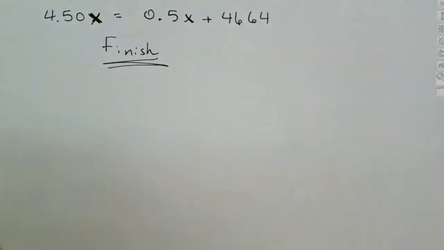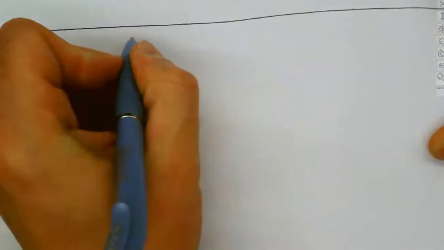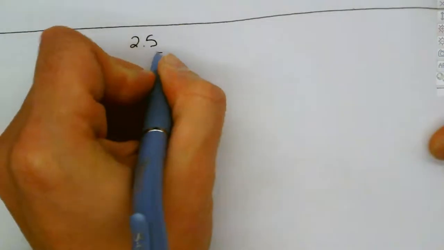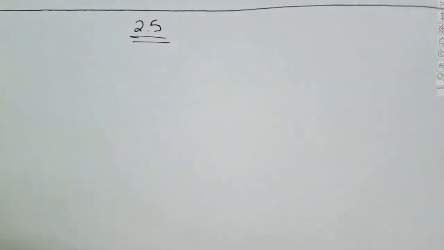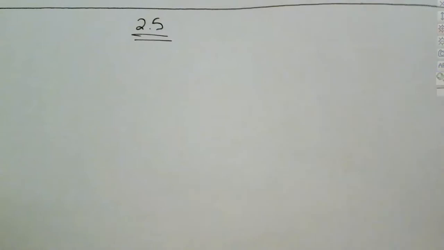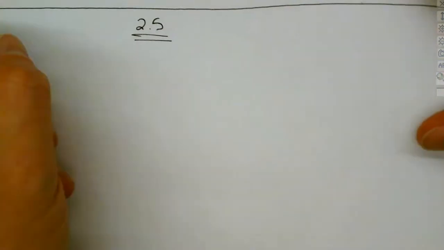And the first thing we need to look at is how to write our answer. And this is 2.5. There's two ways that you can write a line.